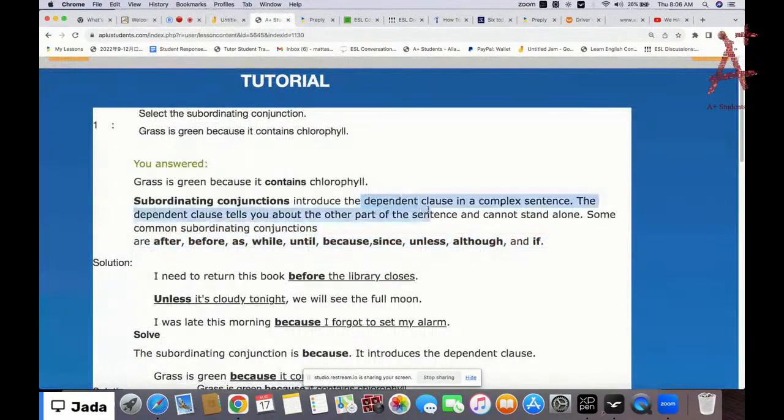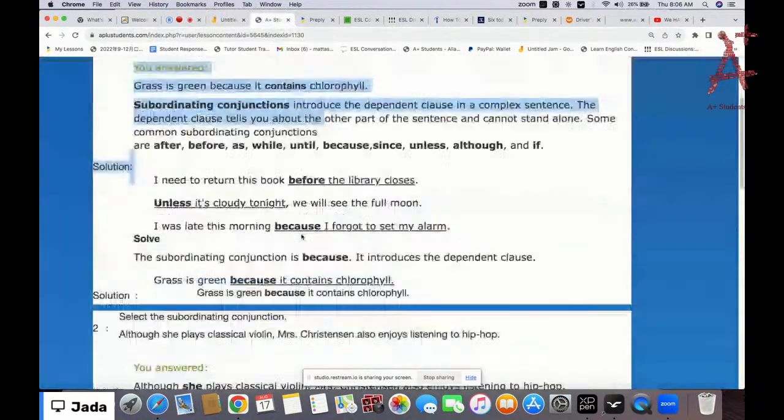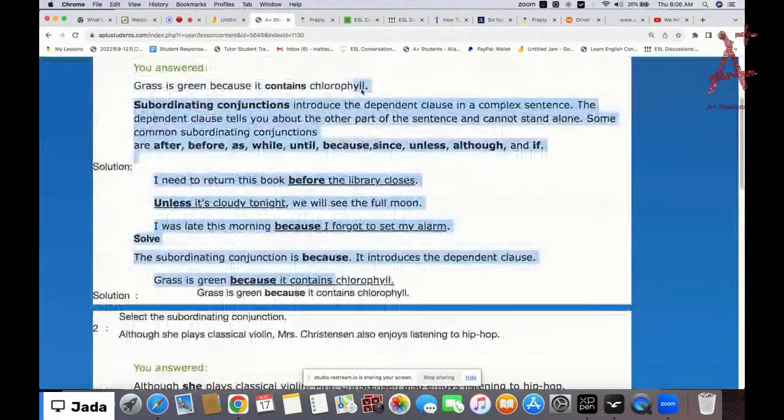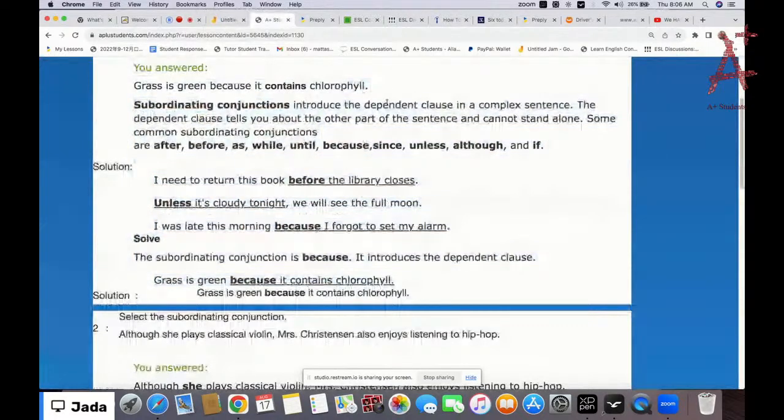I'm sure that you know what dependent clauses are: sentences that cannot stand alone, like some sort of support. The dependent clause talks about the other part of the sentence and cannot stand alone. Some common subordinating conjunctions that introduce the dependent clause are these ones, and we've already written them.